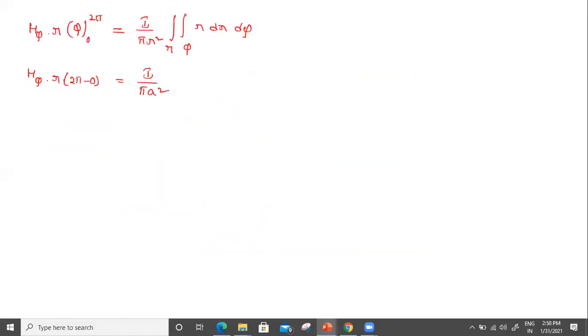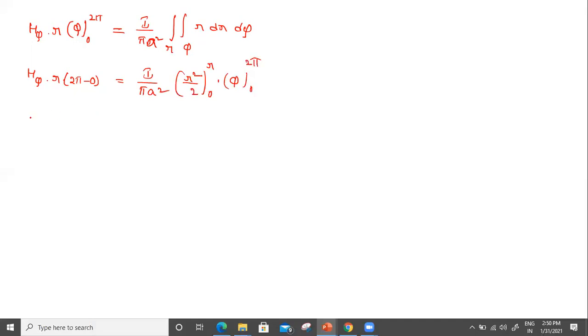Yes, it's pi a square, right? So if you apply the integration of r, it becomes r square by 2. The limits are 0 to r, and the d phi integration is phi, with limits 0 to 2 pi.